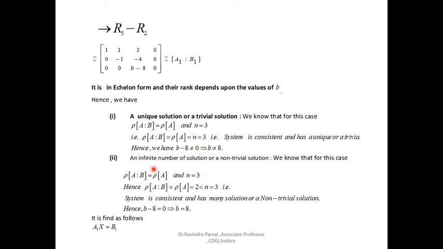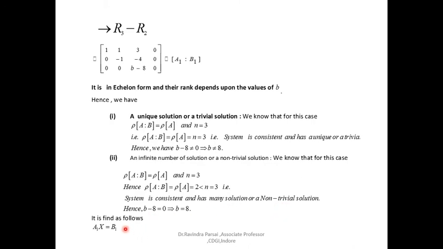Now we come to the case of an infinite number of solutions, or a non-trivial solution. If you put b equal to 8, then the coefficient matrix rank is 2, and the whole augmented matrix rank is also 2. Both ranks are equal and less than the number of unknowns, which is the case of many solutions.